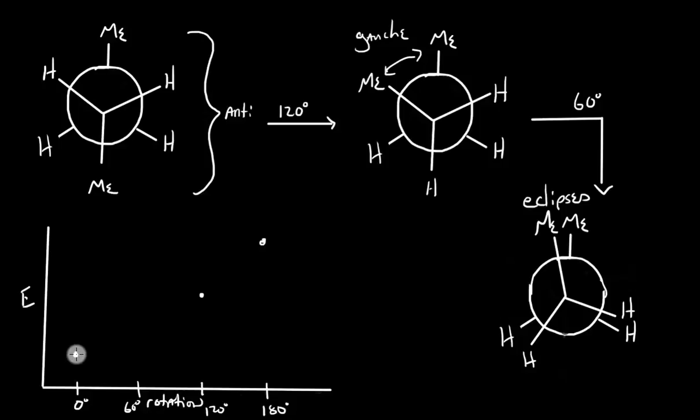So the overall energy diagram would look something like this, where you get a local energy maximum, and then it comes down for a local minimum, and then it goes back up again for another local maximum. And it turns out that this final orientation is actually going to be a higher energy than this 60-degree orientation. So if you don't quite see that, try to draw out that 60-degree orientation and compare and contrast how this eclipsed Newman projection is different than the other Newman projection that's eclipsed.